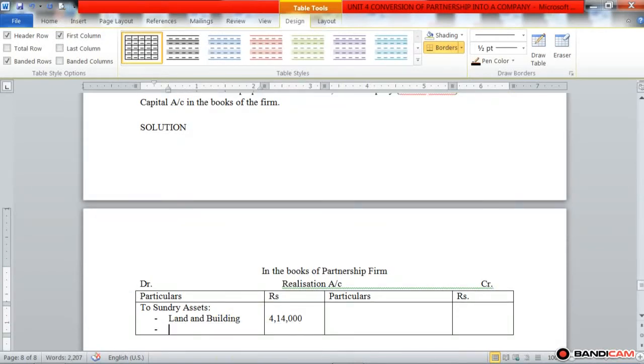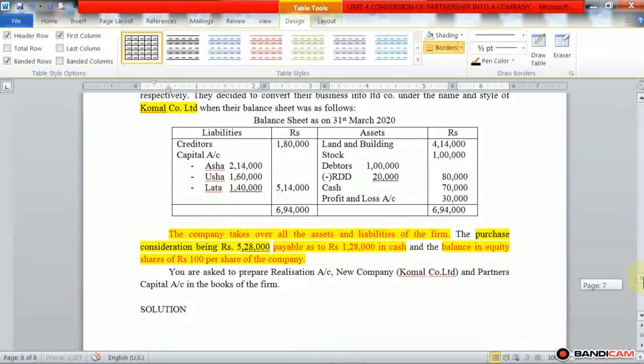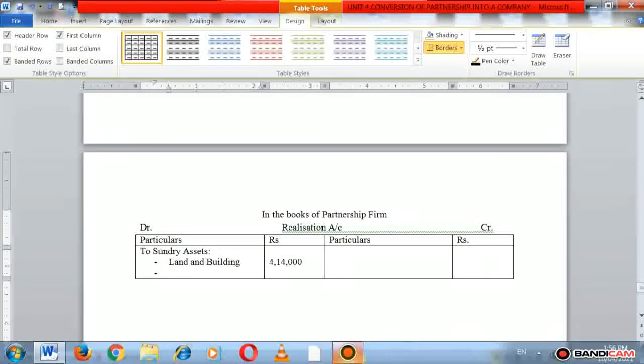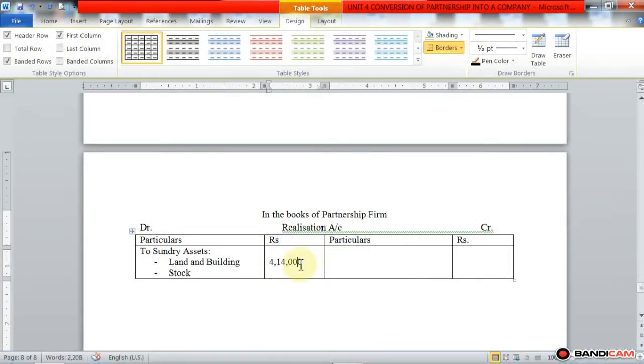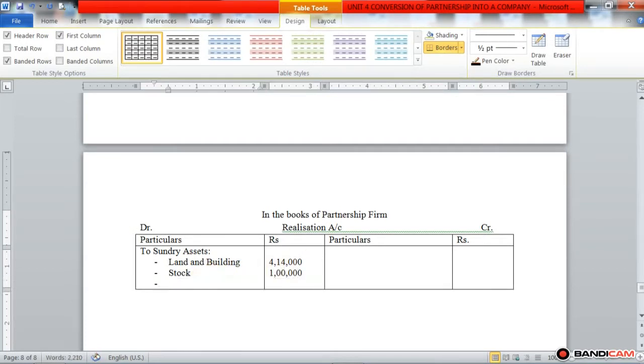Then next asset which is given in the balance sheet, that is stock, amounted rupees 1 lakh. Then next debtors.